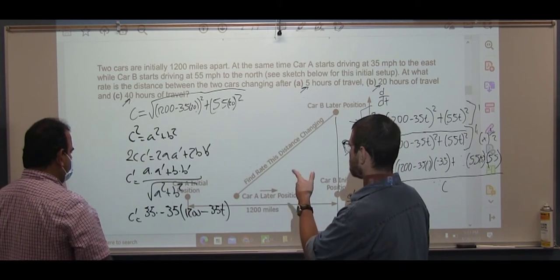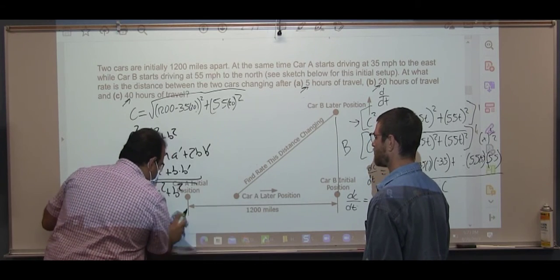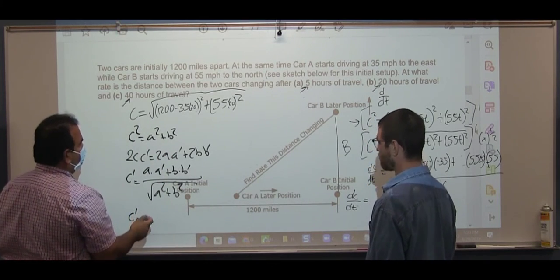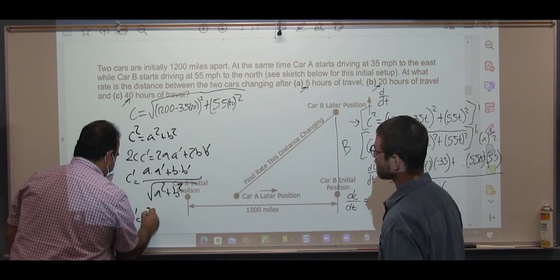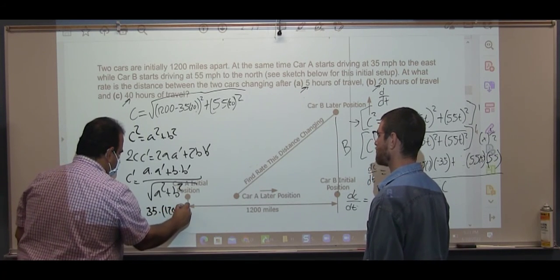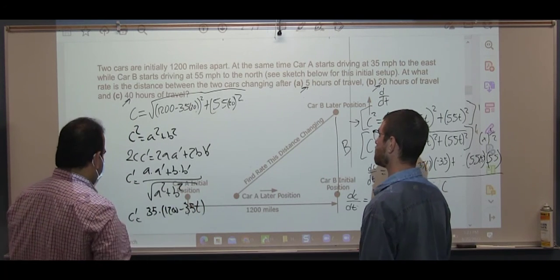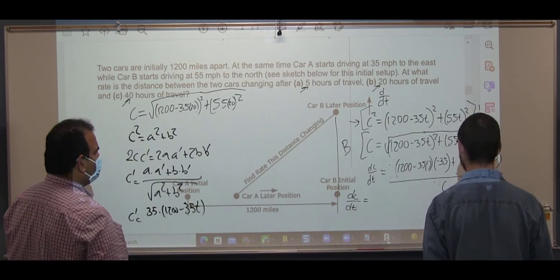Oh wait, that's different than that. Is that correct? No, what we did, you know the a prime. a prime is the speed, which is 35. So 35 times a, which was 1200 minus 35t. That's exactly what we have there.